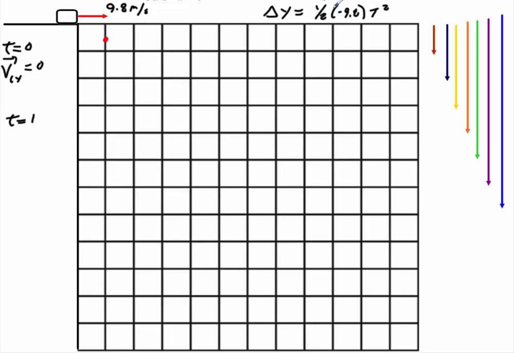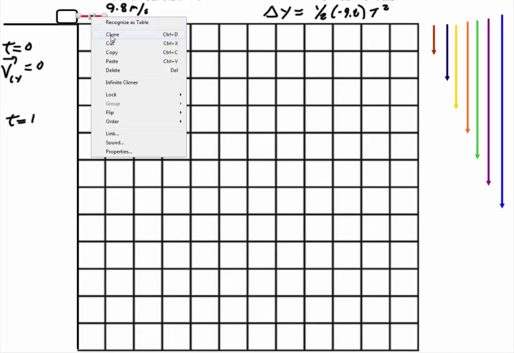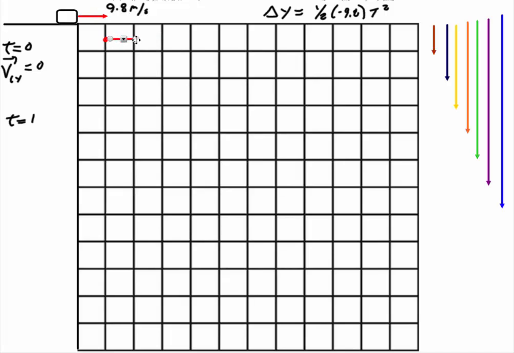Again, just 1/2 times negative 9.8 times time squared. At this position, we'll just clone this because this will be constant throughout. This will not change. Our acceleration, in 1 second, has caused the vertical velocity to go to 9.8. So my vertical velocity going down is negative 9.8.